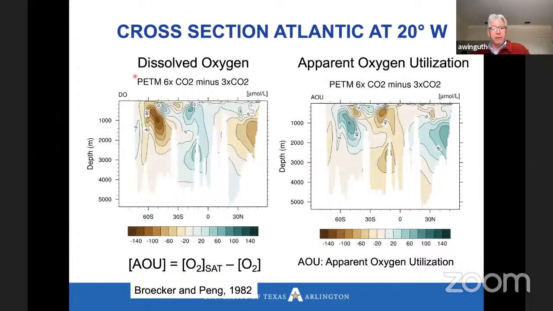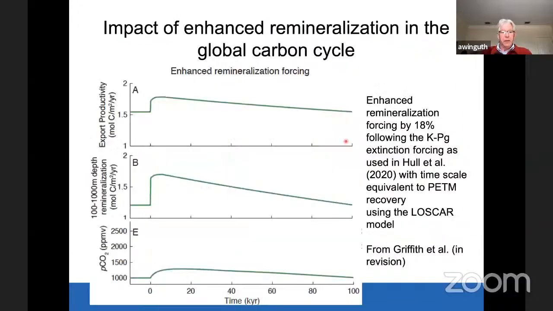So of interest is now, of course, the changes between the different experiments, the 6 times CO2 minus the 3 times CO2, which is the PTM minus pre-PTM conditions. And we're seeing here actually depletion of the oxygen concentration, mostly in the twilight zone. So the question is whether that is due to the solubility or the biological process. And we see here, as part of the apparent oxygen utilization, that it is mostly linked to increased remineralization in the twilight zone.